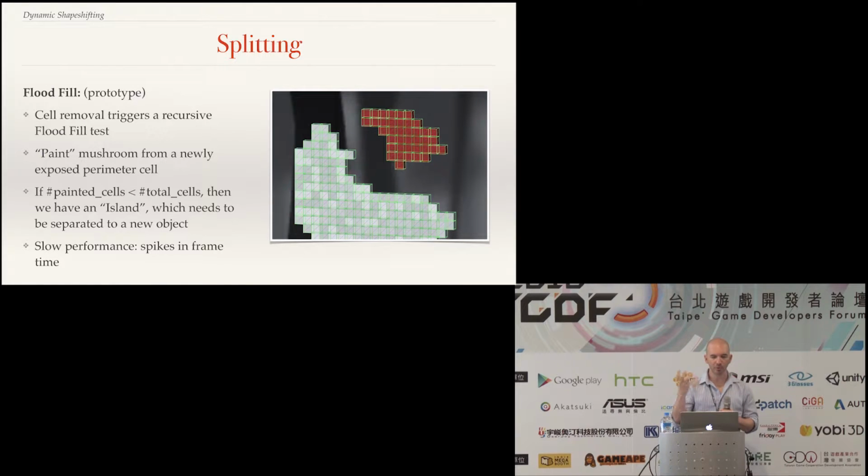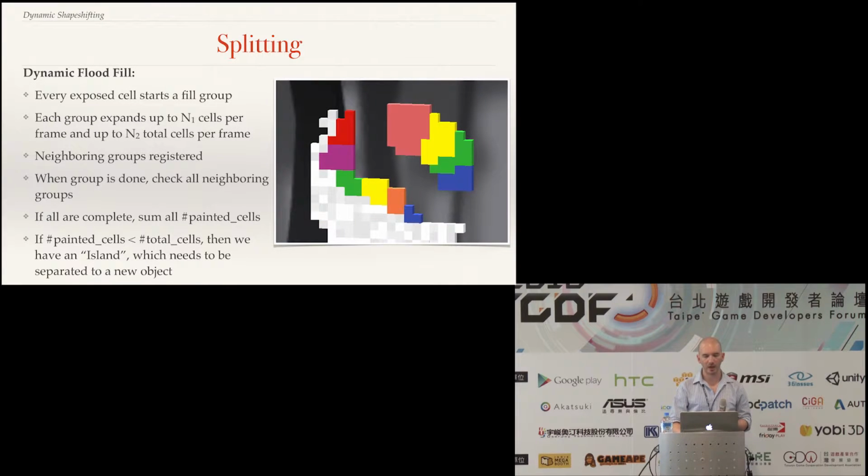If the number of painted cells is lower than the total number of cells, which I know, then I know that this is an island and I can remove it. The problem is that it used to spike. It's a pretty slow process that happened pretty much every frame, and it was very, very sluggish. So after 2 months of work I came up with something called dynamic flood fill.